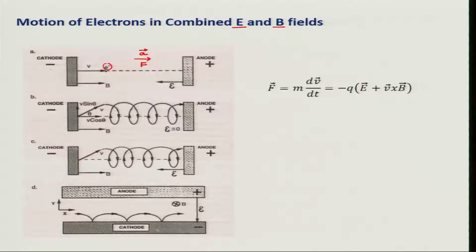If the velocity of the electron is parallel to the magnetic field, then there is no effect of the magnetic field on the electron, okay. If there is a slight angle between the magnetic field and the velocity, then the v cos theta component of the velocity will not have any effect of the magnetic field.